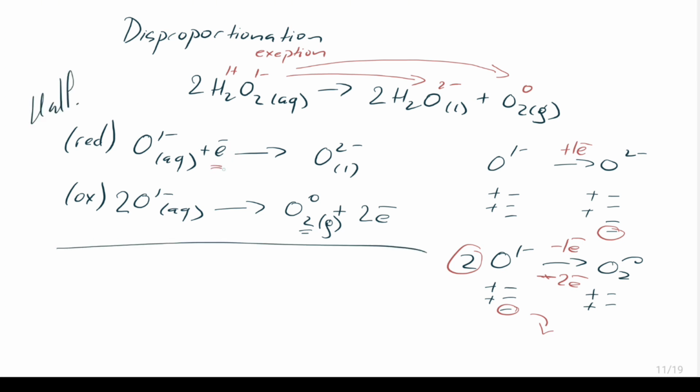because you have different number of the electrons on the first and the second half equations. Multiply first one by 2 and the second by 1 in order to reach the same number of the electrons. So let's cancel them and write the full ionic equation. 2 oxygen 1 minus plus 2 oxygen 1 minus.